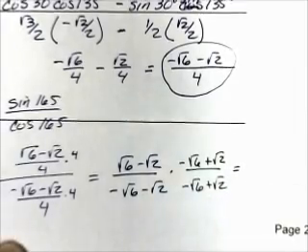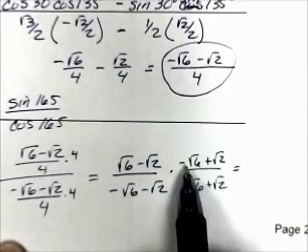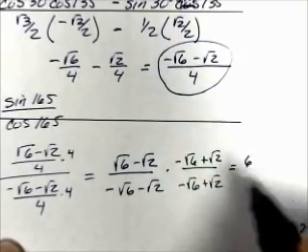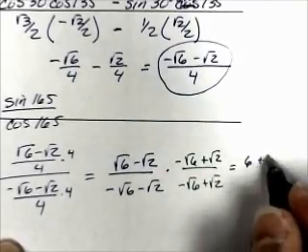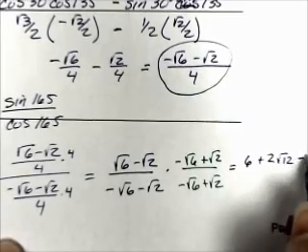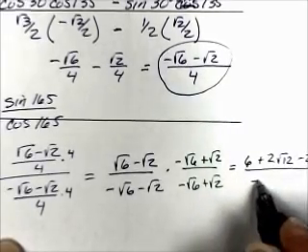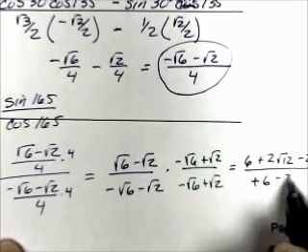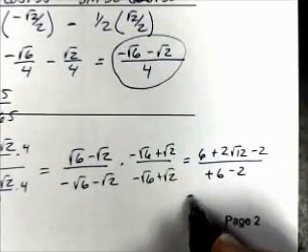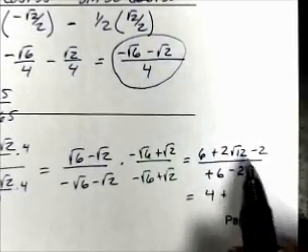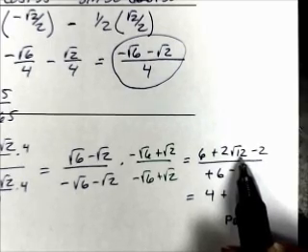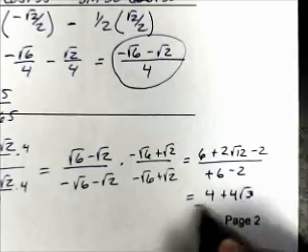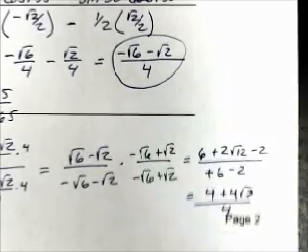And at this point, we're getting quite long in the video, so I'll just go through this quickly. We're going to have 6 plus 2 square root of 12 minus 2 all over negative 6. Oops, we're multiplying, so that'll be positive 6 minus 2. So this would be 4 plus, simplifying the square root of 12, 4 times 3, so that's 2 times 2, 4 square root of 3 all over 4.